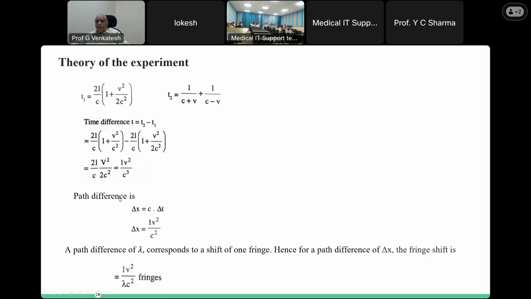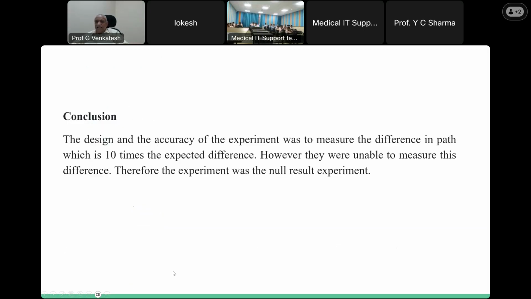And if you convert this into path difference, it is C into delta T, which is LV squared by C squared. Now, a path difference of lambda corresponds to a shift of one fringe. Hence, for a path difference of delta x, the fringe shift is expected to be LV squared by lambda C squared fringes. Now, this is the theory of the experiment.